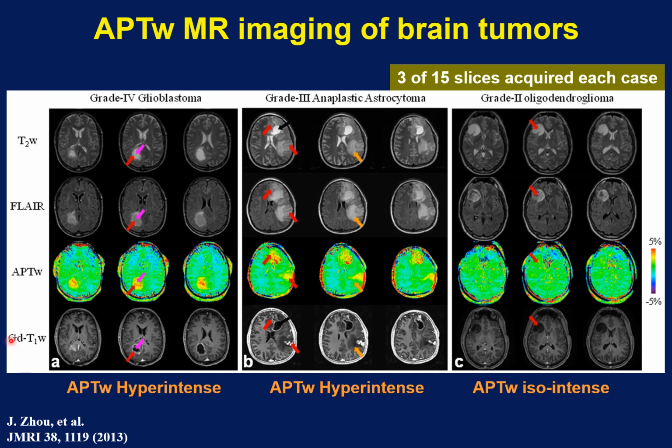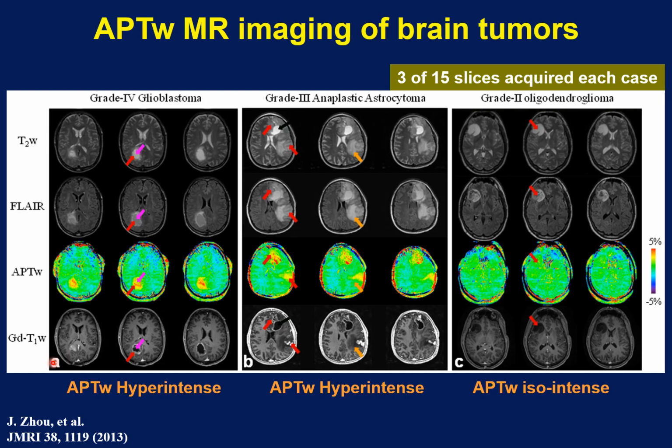And gadolinium T1-weighted shows enhancement in grade 4, grade 3 is not enhanced, and grade 2 is not enhanced. So you can see APT shows very similar features to gadolinium T1-weighted.